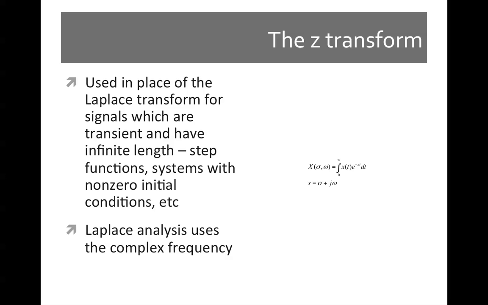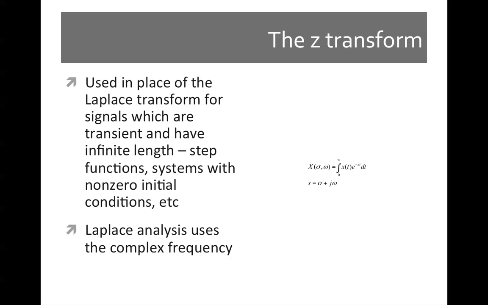So when we do the Laplace transform that's illustrated in this equation, we're actually getting a function of s, which technically is a function of sigma and j omega. And so the transform is done into s space, and our transform kernel, rather than being e to the j omega t, is e to the minus st. So we refer to s as a complex frequency.